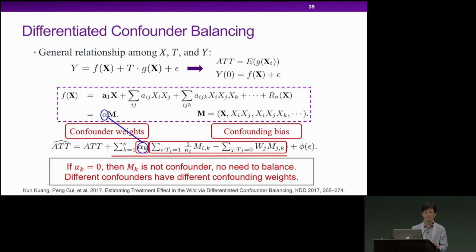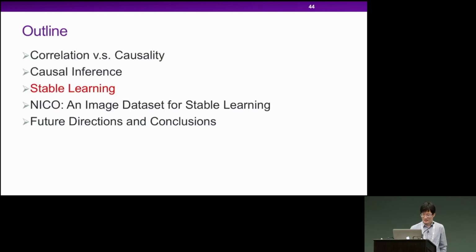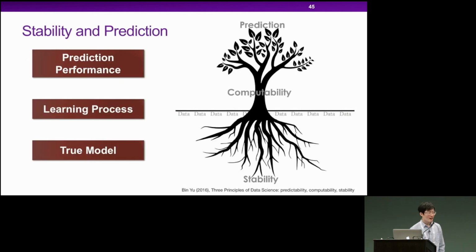Okay. So then let's go to the second part, that's stable learning. For stable learning, I just borrow the figure from Professor Peng Cui. I think the tree structure is quite a good picture to describe the relationship between the stability, computability, and also the prediction. This is my understanding.